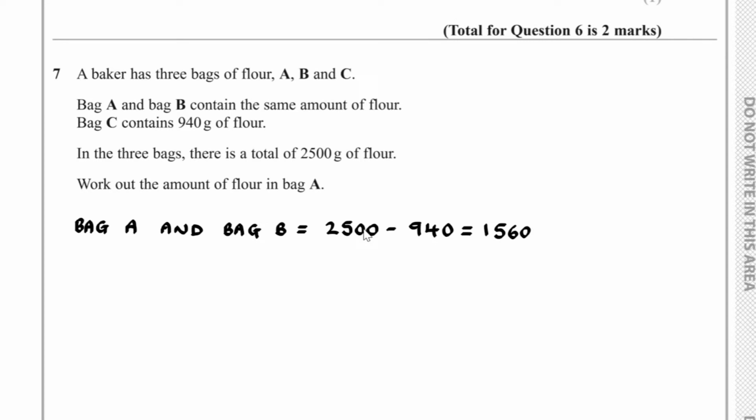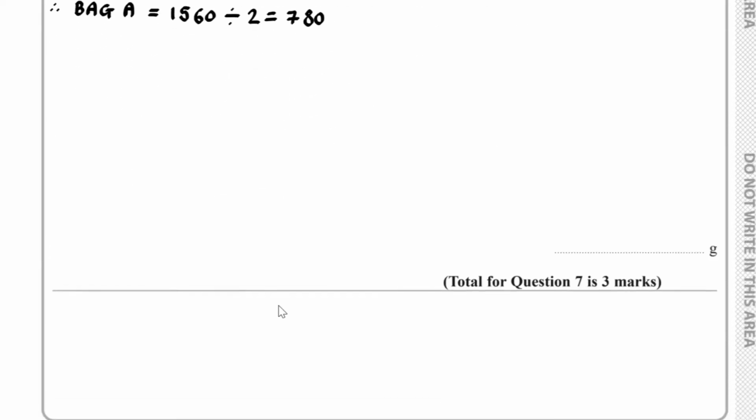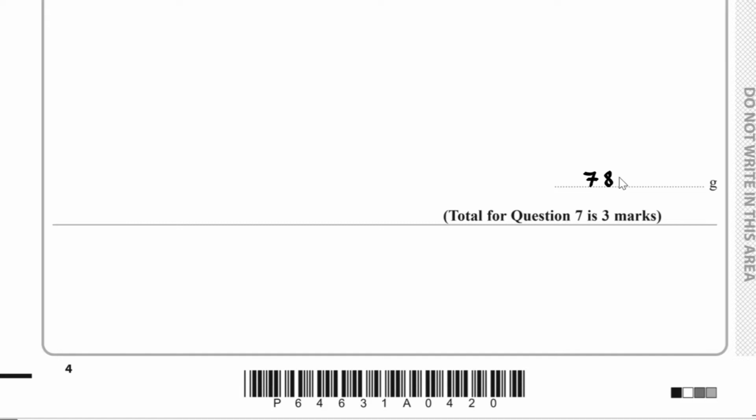So we've got the total amount of flour in all 3 bags, subtract the amount in bag C. So to find out how much there is in bag A, well, if bag A and B contain the same amount of flour, we can therefore conclude that in bag A we would have 1,560 divided by 2, which is 780. In bag A we have 780.